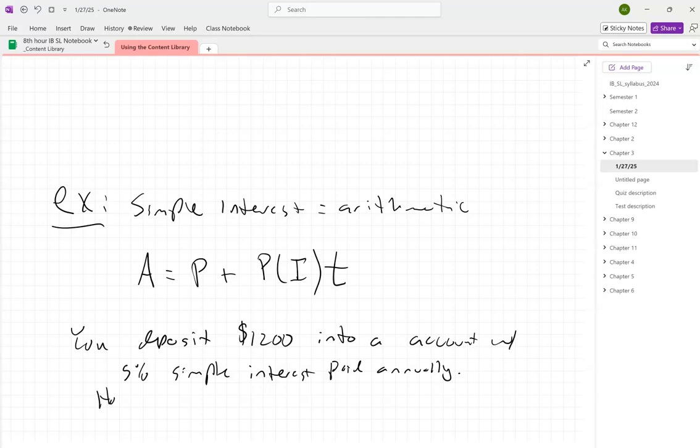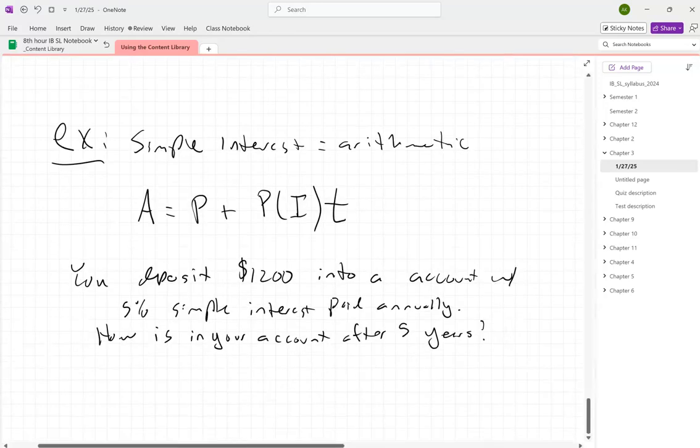How much is in your account after 5 years? And again, that's assuming there's no additional deposits or withdrawals.